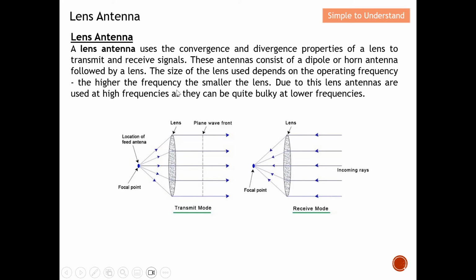The higher the frequency, the smaller the lens. Lens antennas are typically used at higher frequencies, as they can be quite bulky at low frequency. At low frequency the lens can be quite big, so this lens antenna will probably be used at higher frequency.